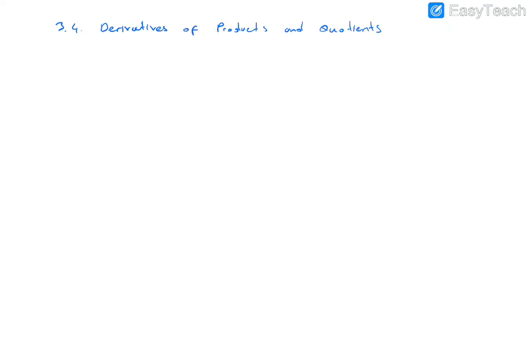So let's start. The derivative properties discussed in section 2.5 contributed substantially to our ability to compute and apply derivatives to many practical problems.